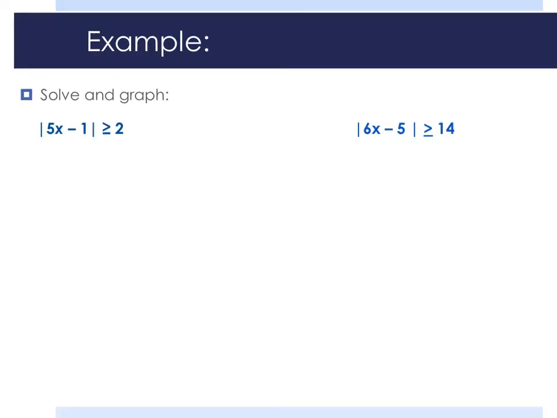I'll do one more of these where the absolute value is alone and isolated. Again, I'll work with a two-step. We can see here, because now it's 6x minus 5, the absolute value of that is greater than 14. So that means 6x minus 5 is greater than or equal to 14.